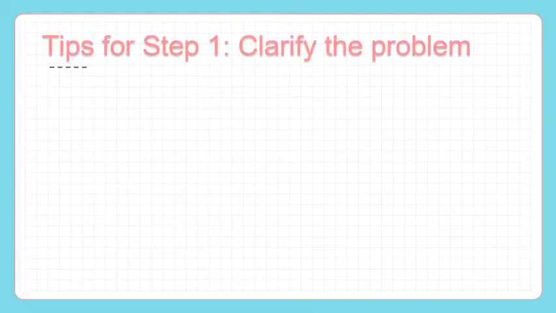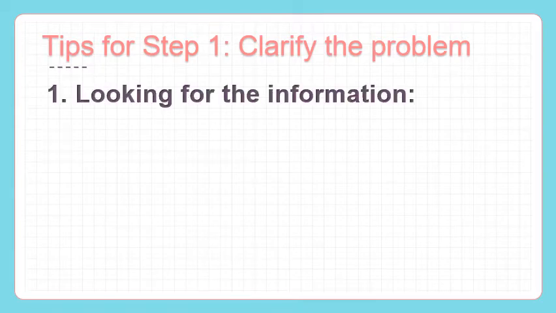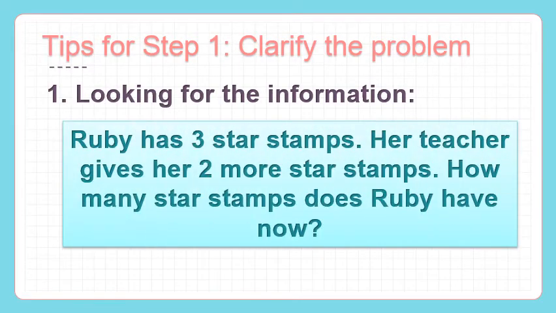Tips on looking for the information provided. First, you are going to find the numbers. If you find a sentence that has a number, that is an information. For example, Ruby has 3 star stamps. There is the number 3. That is an information.